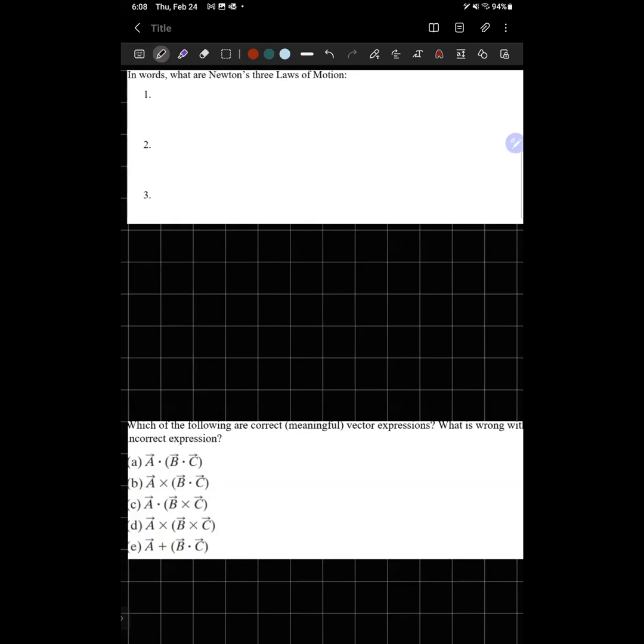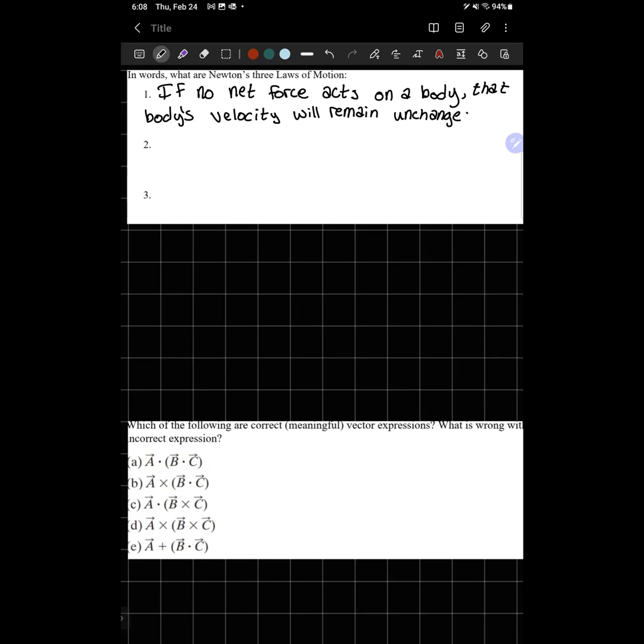Something along those lines. Obviously, every person is going to have their own unique definition, but it's going to be somewhere along those lines.